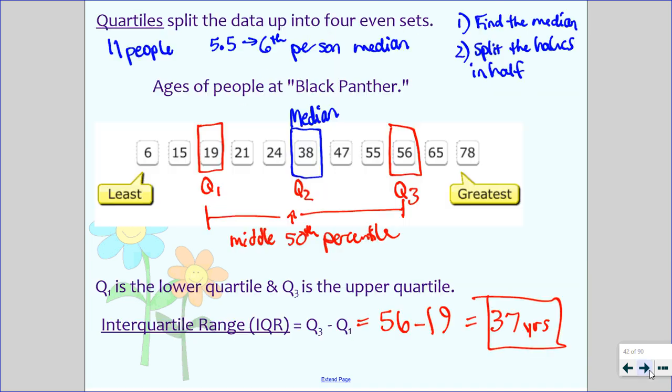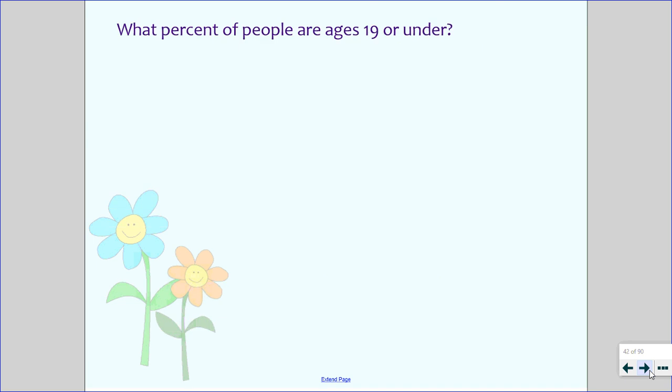So 25% of people are 19 or under, because that is Q1 and below. Okay, so Q1 and below is the first 25% of the data, and each of those are just 25%.